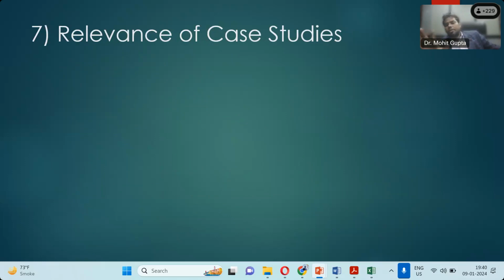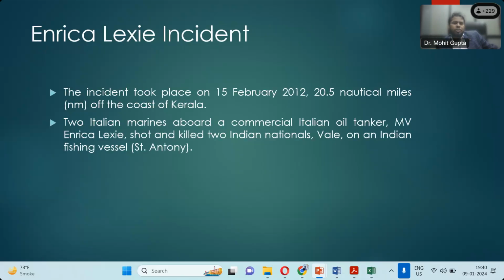Now another aspect which I wanted to discuss related to teaching methodology is the relevance of case laws. This is true with all subjects, like in LLB, whichever subject it is. Case laws give a lot of understanding of how arguments are made and what the various issues involved are. This is true with the law of the sea as well.